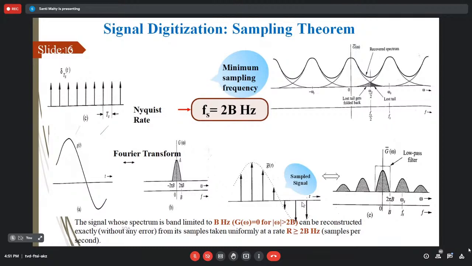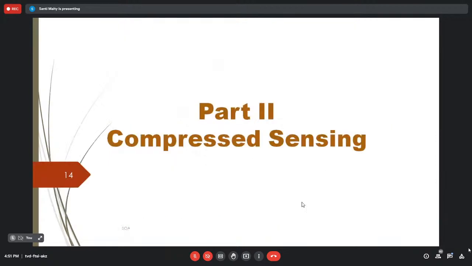Rather than bandwidth rate sampling, information rate sampling allows you to reconstruct the signal from much fewer samples than the Nyquist rate, provided your representation space is efficient. If you have a compact representation, mathematically called a sparse representation space, then sampling at the information rate, which is much lower than the Nyquist sampling rate, you can reconstruct. That gives rise to the concept of compressive sensing, or compressed sensing.